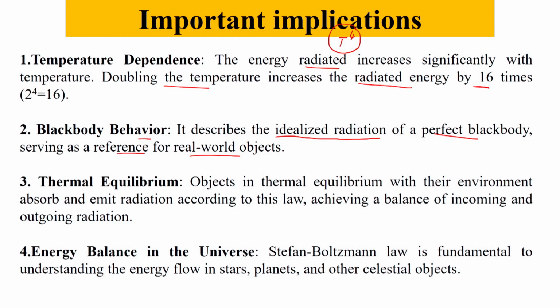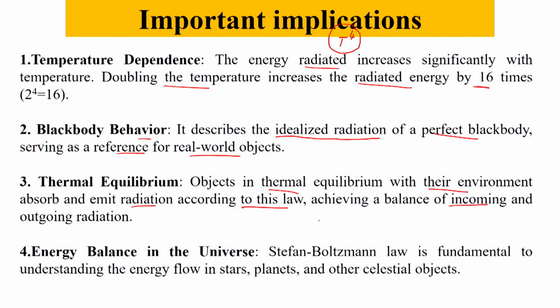And then thermal equilibrium, which you always have to consider: objects in thermal equilibrium with their environment absorb and emit radiation according to the law. You have to be careful that the object we are considering has to be in thermal equilibrium with the environment that is absorbing or emitting the radiation, thus achieving a balance of incoming and outgoing radiation.